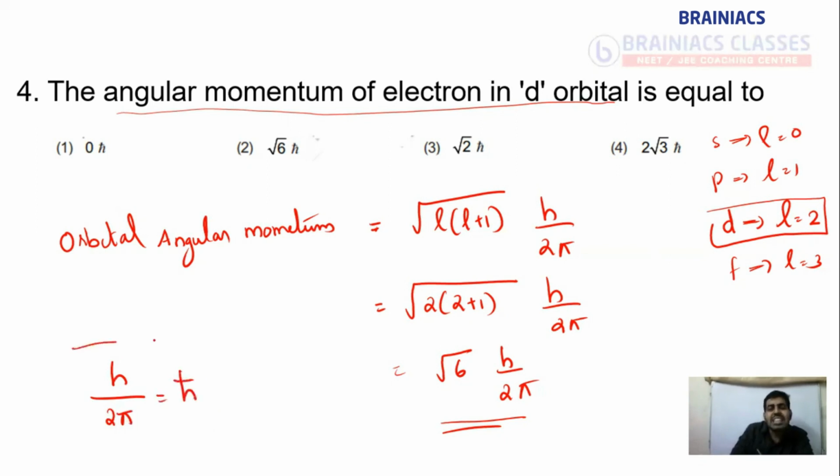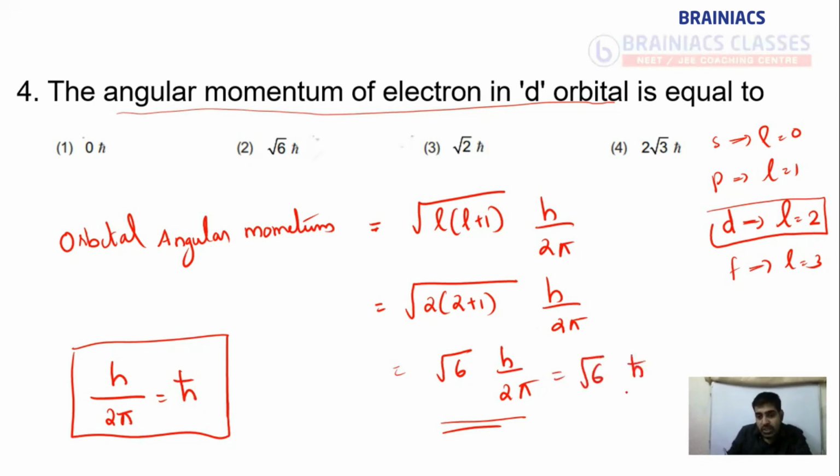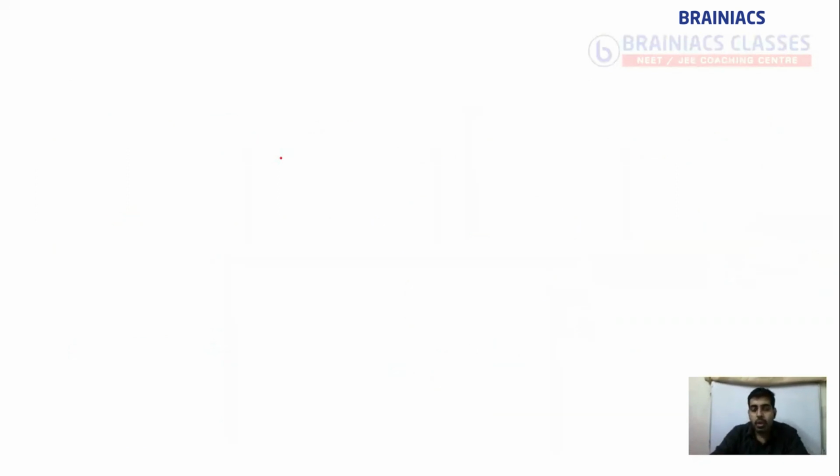That constant is h cross. So instead of h by 2 pi, you can put root 6 h cross. You have to learn this: h by 2 pi is equal to h cross. So the answer is option 2, root 6 h cross. I think it's clear. Moving on to the next one.